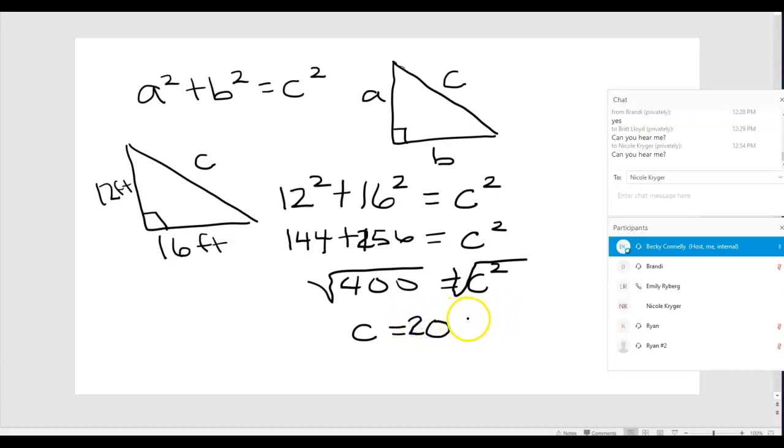Or did we find area? Was it asking us to find area on this one? Area is the inside of the triangle, like if you were going to carpet it.